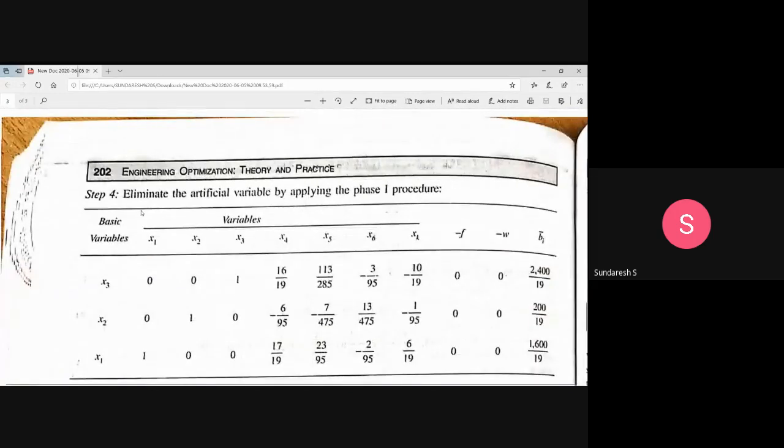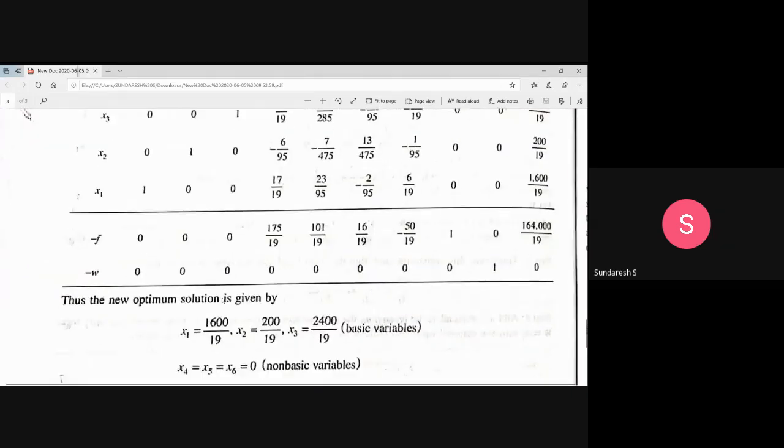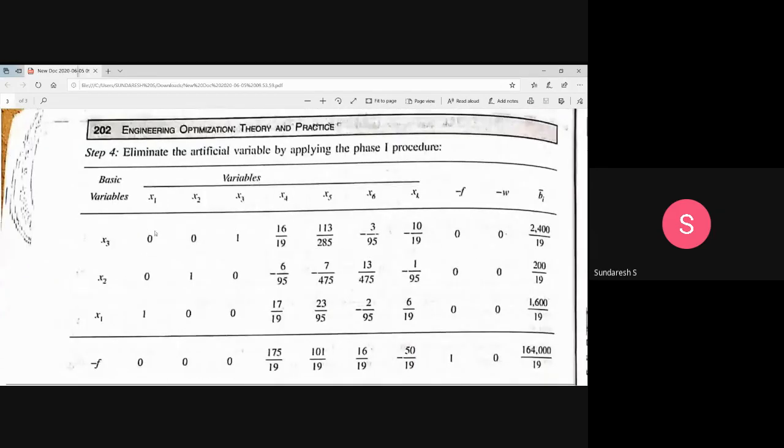Am I right? So x1 enters the basis where xk leaves the basis. Based on that, now we have to apply the pivot operation here. So once we apply the pivot operation, look here. After the pivot operation, you will get it this way.